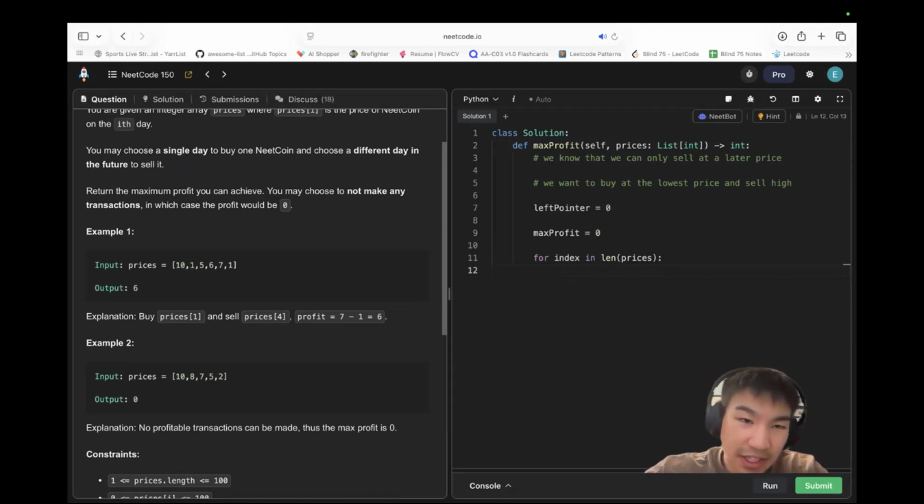So we know index is currently at 0, which would point to 10, and we get that. Let's just go ahead and buy it. That'd be pretty good.